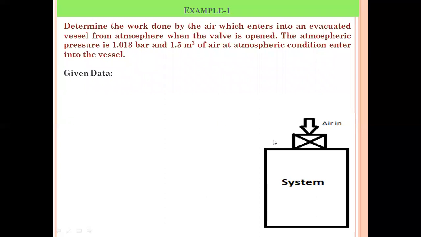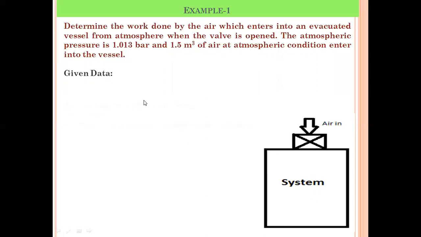Now this is one simple example to find out the thermodynamic work. Here one system is given and the system is initially closed, means final volume will be 0. As soon as this valve is open, air will enter into the system at 1.013 bar and 1.5 meter cube of air enters into the system.